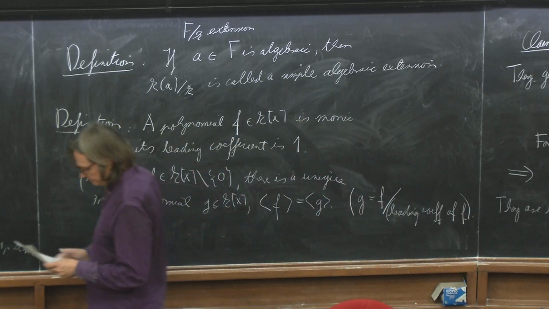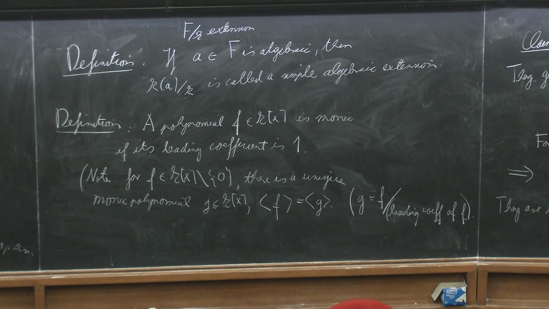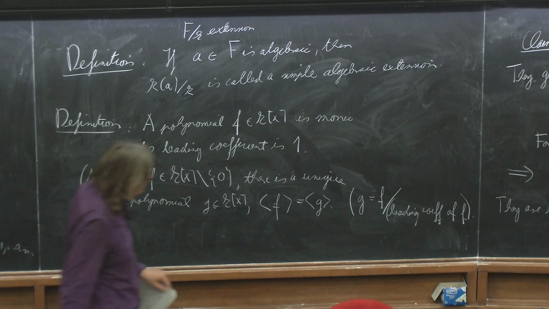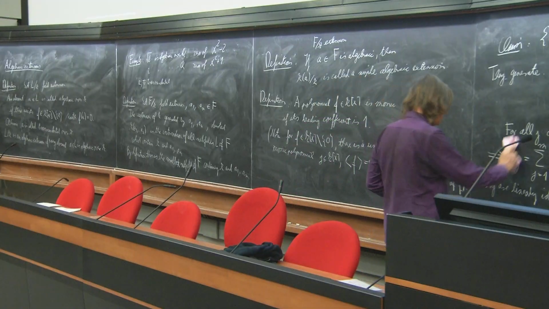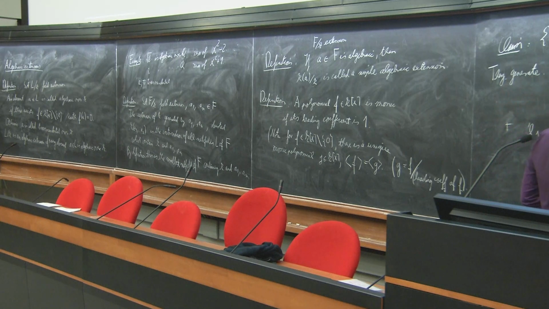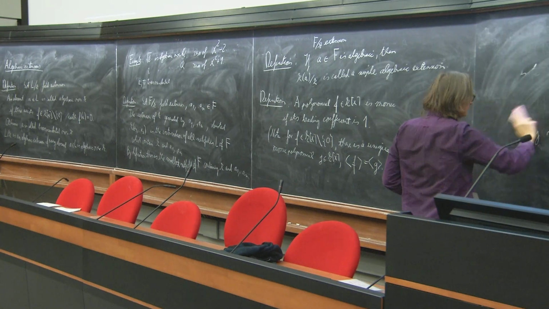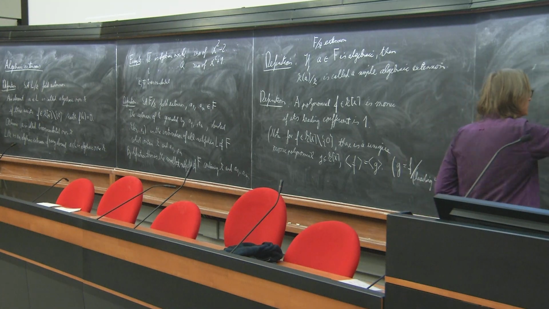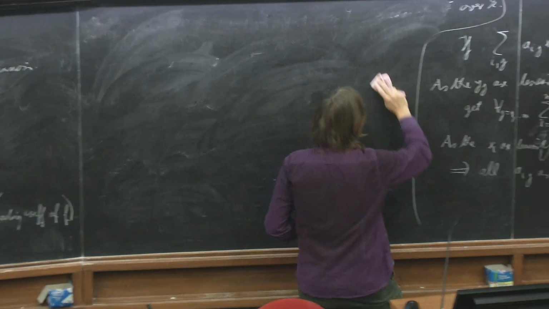So now we want to describe this minimal polynomial. There are two equivalent ways how one can define it. We start with, in some sense, the more complicated definition, but which is often more useful.